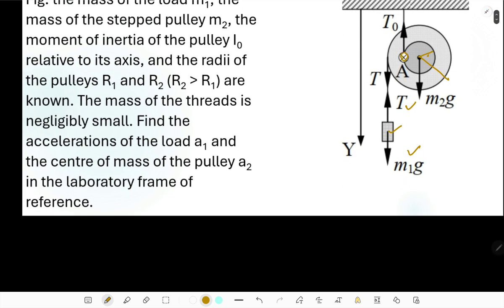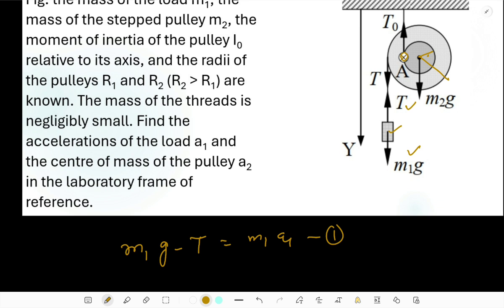According to our chosen coordinate system, its equation of motion is m1g minus T equals m1 a1, where a1 is the acceleration of the load and T is the tension in the thread on which the load is attached. Now I'm going to write the equation of rotational motion of the stepped pulley relative to the instantaneous axis of rotation.